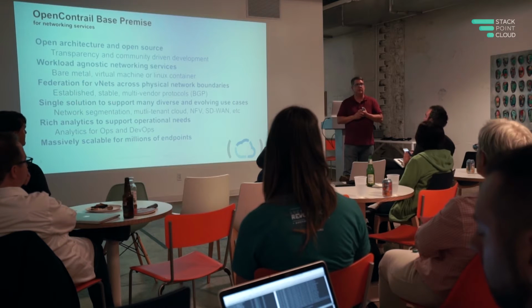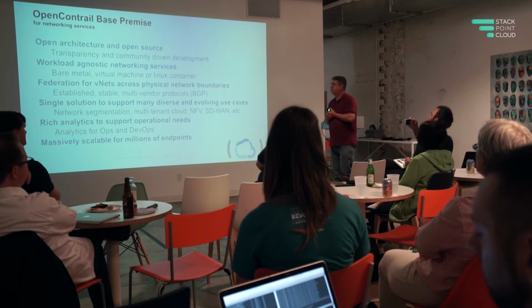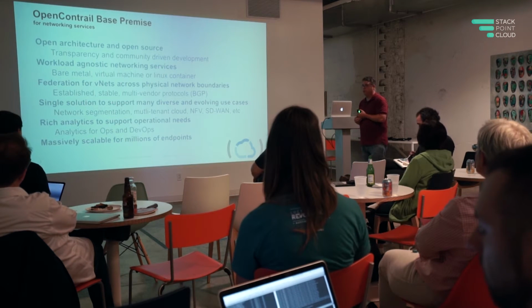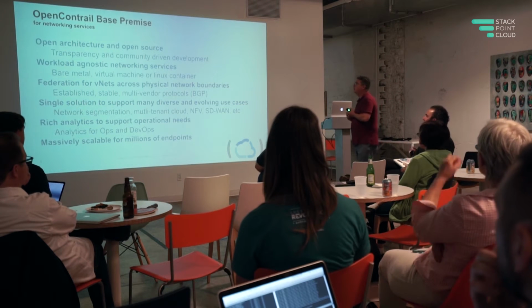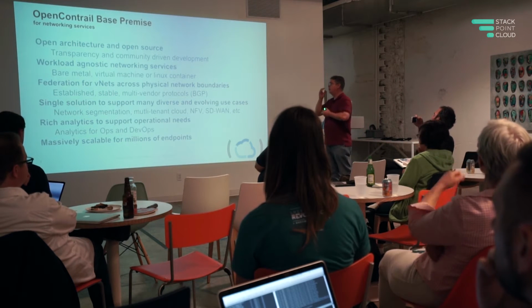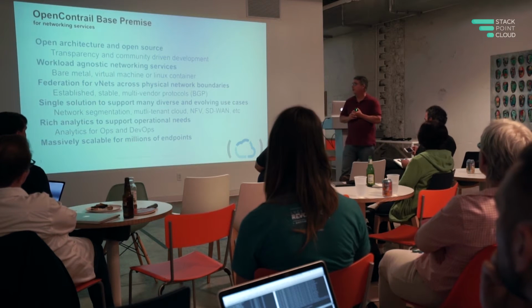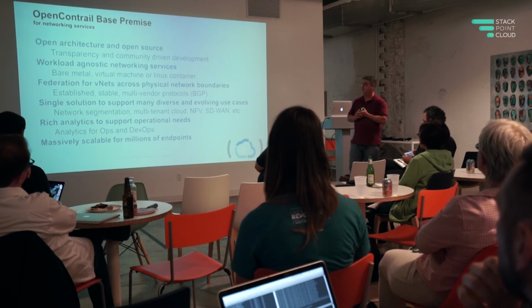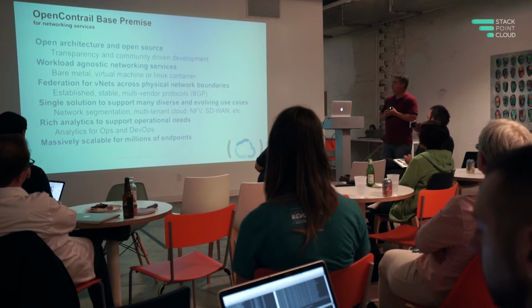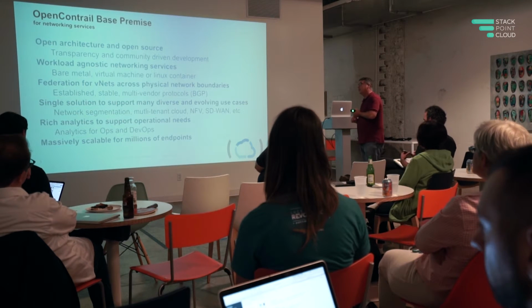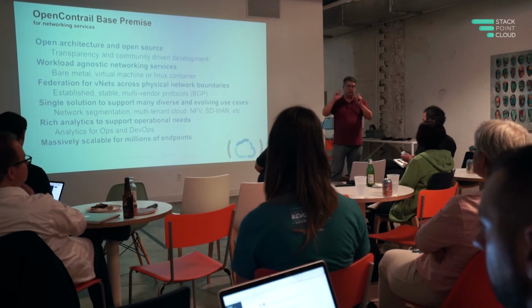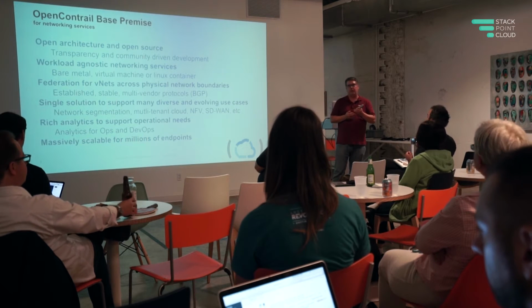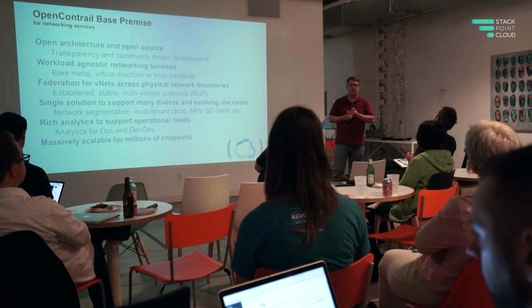Those of you who have looked at it have I'm sure found it. The reason we do that is the same reason a lot of other people do open source projects. In particular, we had a lot of customers, at the time and still, for whom transparency was a big deal. I usually have a slide in the front that describes Contrail in a one-liner: a workload and orchestration system agnostic networking system.